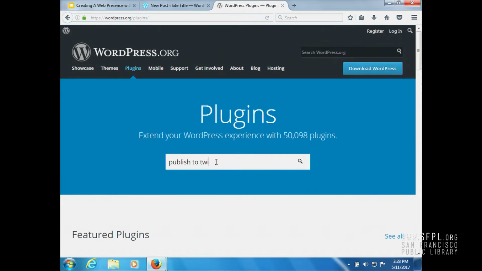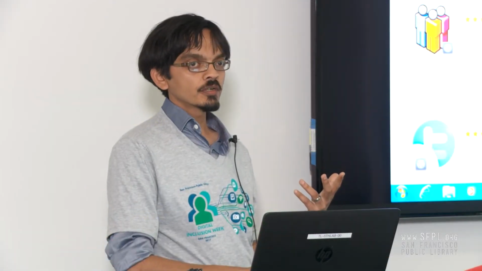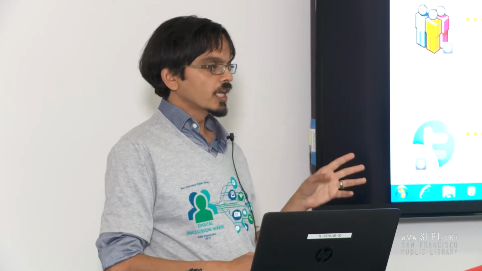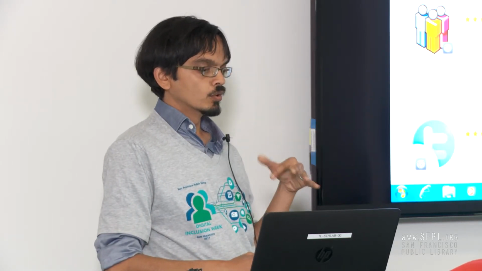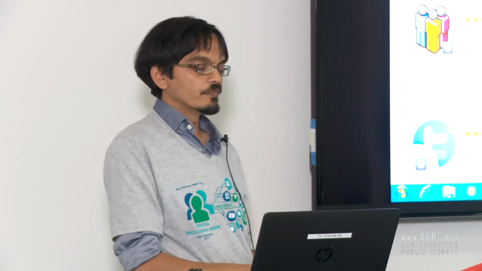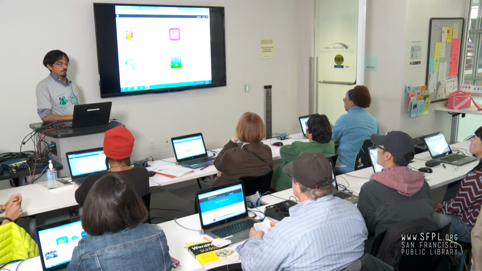Publish to Twitter, and I'll get a list of plugins. But you'll notice that if I change just a little bit, share on Twitter, you'll get another set of plugins. I really advise you, if you're looking for plugins, trying to understand the whole world, do at least 3, and then get a sense of what's useful.